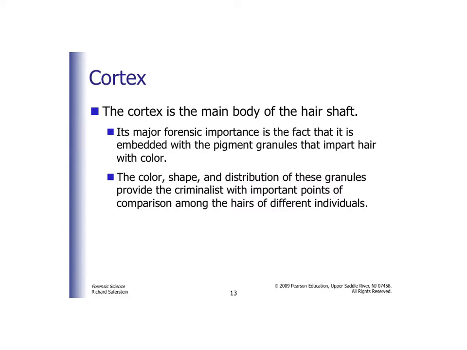And it's the distribution and shape of these that you can use for comparison between different individuals. So yes, maybe two of them are red hairs, but the pigmentation is distributed differently between one hair and another, to make it either consistent or inconsistent with the suspect or the victim or what have you.